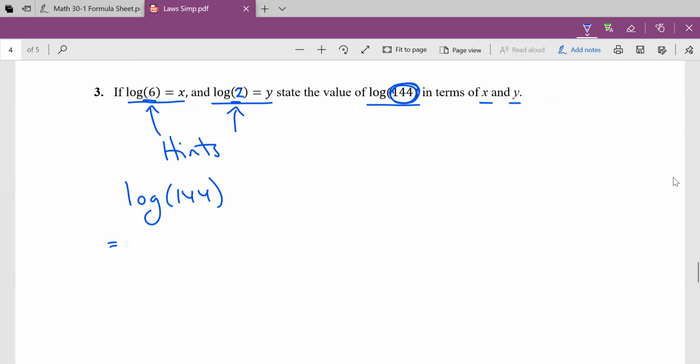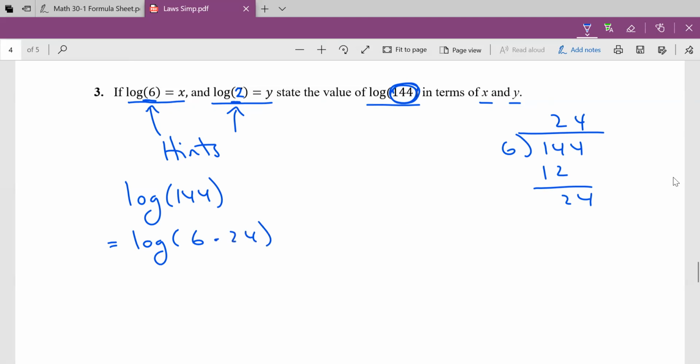Well, I'm going to divide 144 by 6. I'm just going to show it off to the side here. I'm going to do it old school. I don't have a calculator. Oh, look at that. Okay, so log 144 is really 6 times 24.